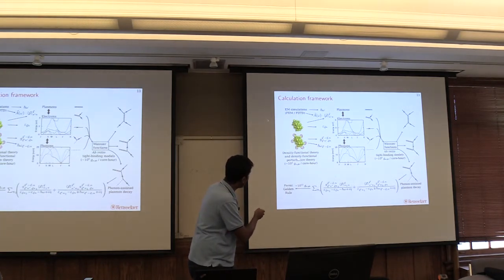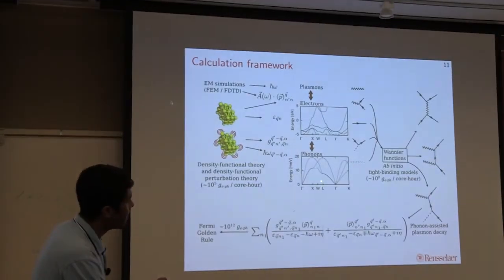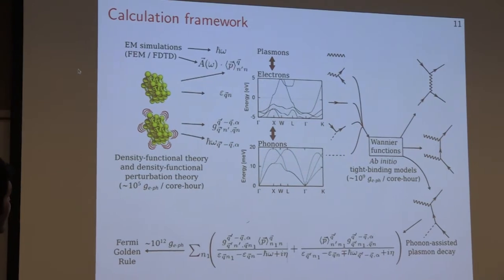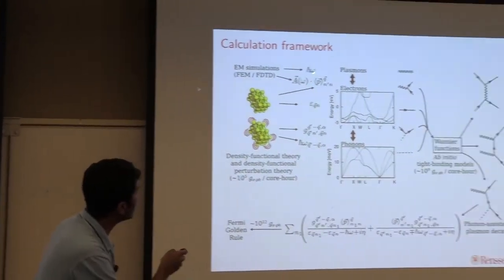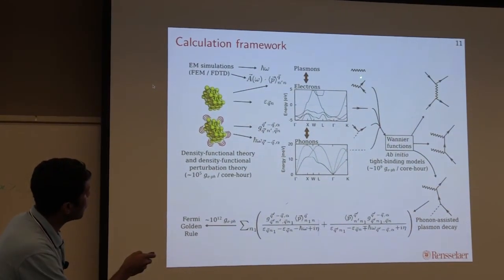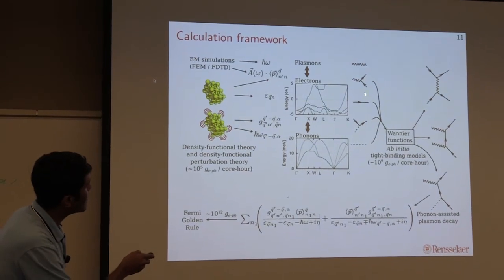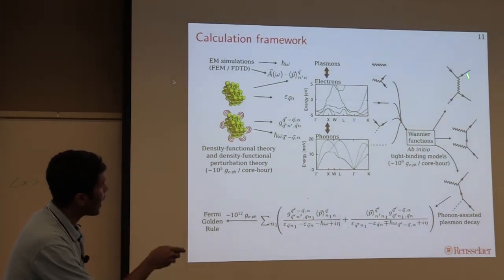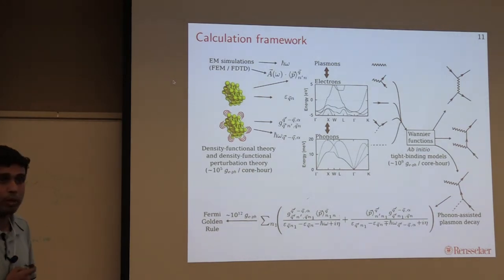By doing another version of density functional theory, you can calculate phonon band structures, which are these lattice vibration modes, and the coupling of the electrons and the phonons. So effectively, these band structures and coupling matrix elements correspond to knowing all these propagators and vertices. And if you know them, you can put them together to calculate arbitrary diagrams in perturbation theory.